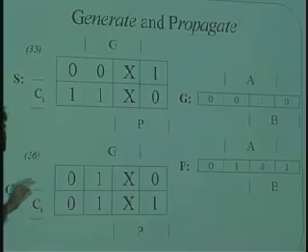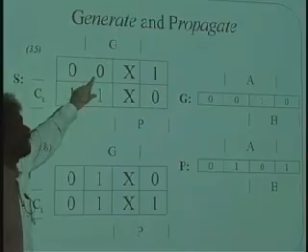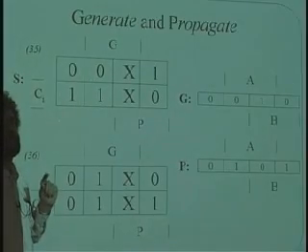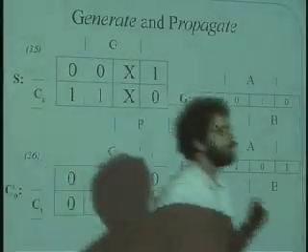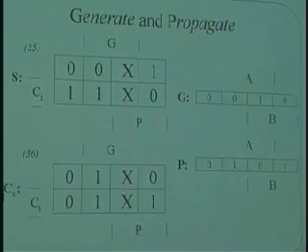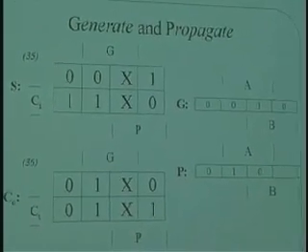If the inputs are both high, then what is the output going to be as a function of the carry that comes in? A and B are both high, so we're summing together 1 and 1. And the question is, when a carry comes in, what's the output? The sum of 1 plus 1 plus 1 is 1. Sum plus 1 plus 1 and 0 is 0. So the output is equal to C sub I if both of the inputs are 1.